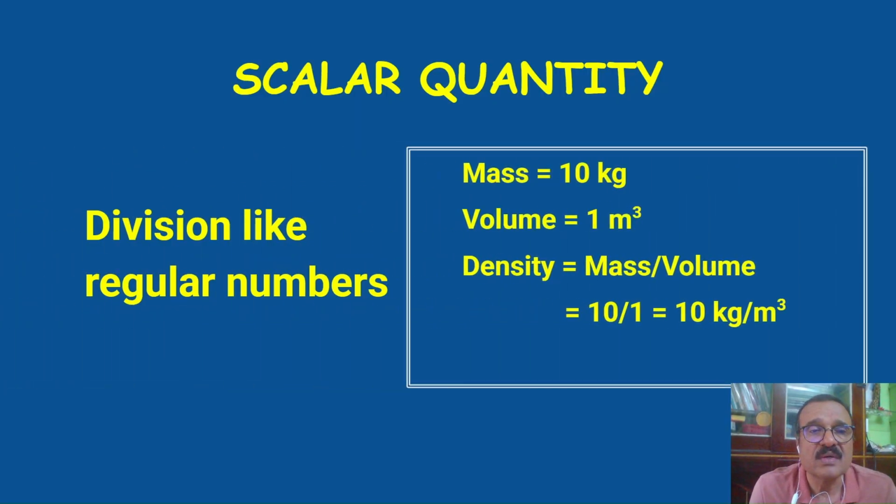Then we have division of a scalar quantity. Again, we considered mass as 10 kg, volume equal to 1 meter cube. Then if we divide mass by volume, it results in 10 kg divided by 1 meter cube, equal to 10 kg per meter cube. And this is a new physical quantity. It's a scalar quantity, density.